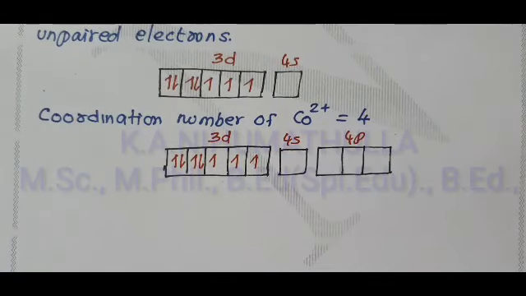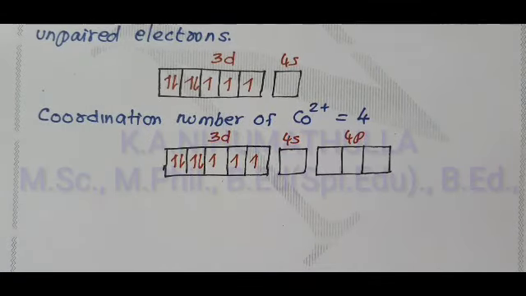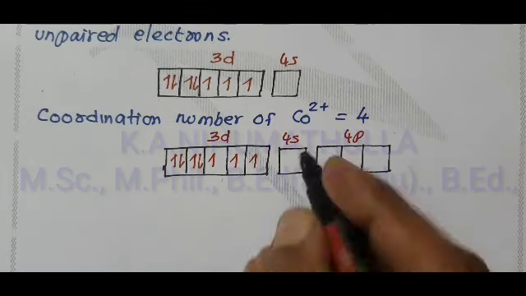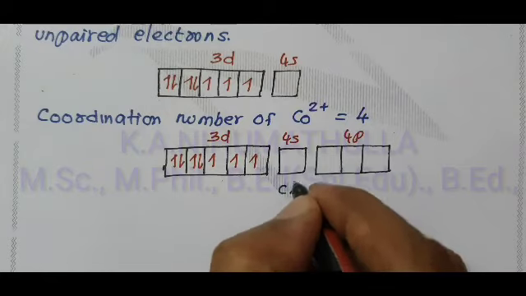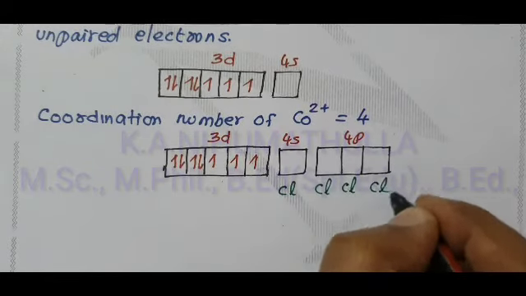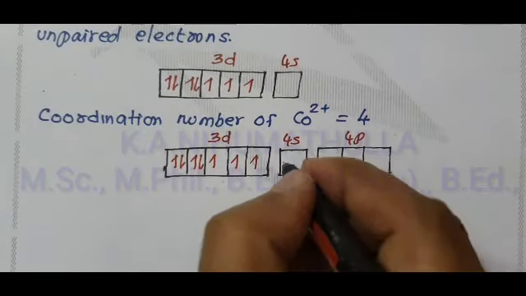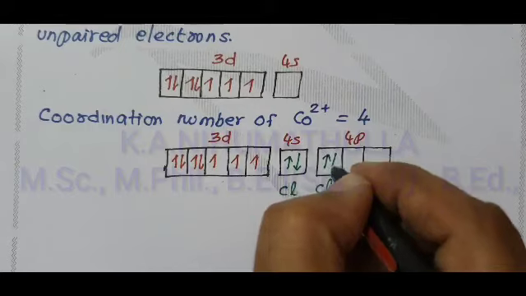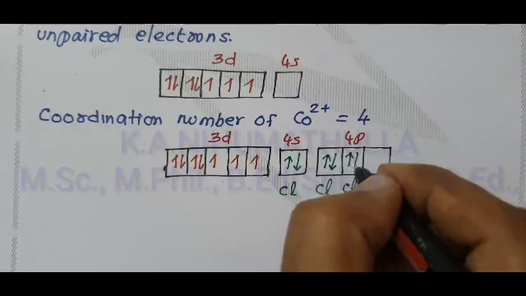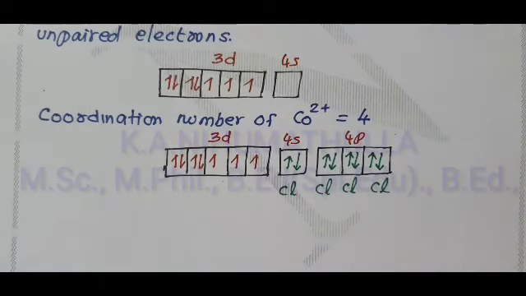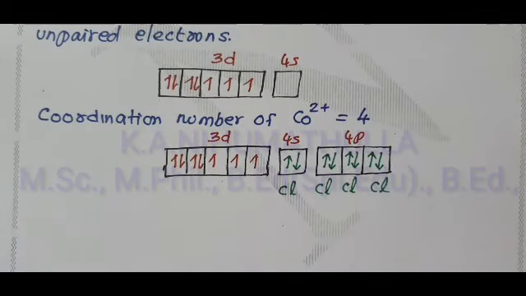We have 4 Cl- ions. Where do the vacant orbitals start? From 4s. First Cl, second Cl, third Cl, fourth Cl. Each Cl donates a pair of electrons to the vacant orbital of the central metal ion.